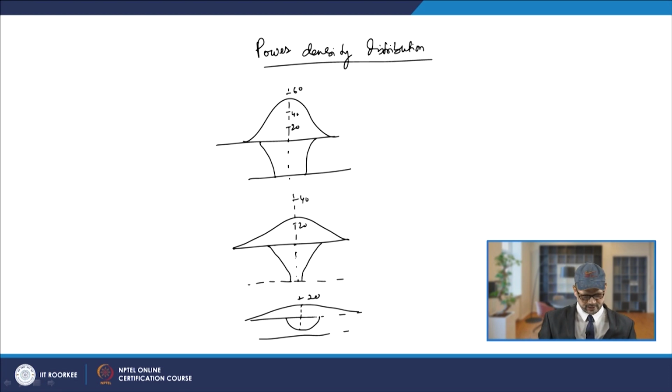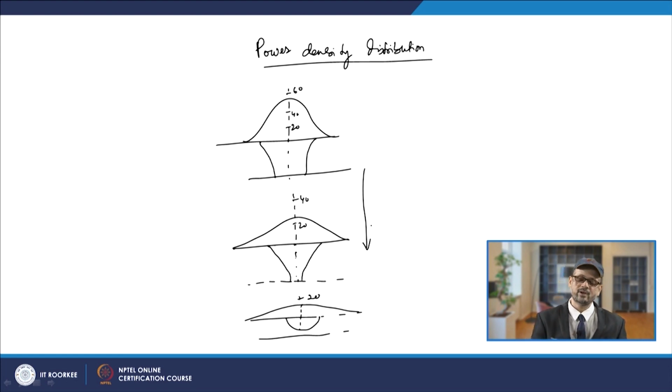So, what we see is that there is a visible change in the weld pool shape, or the penetration, with the change in the power density distribution. So, the weld penetration will be decreasing.